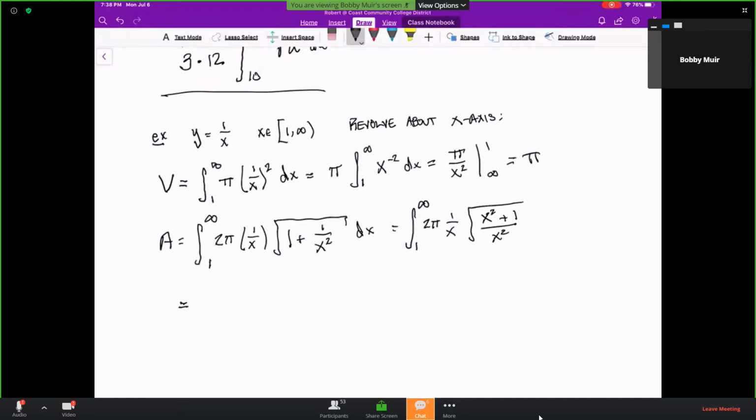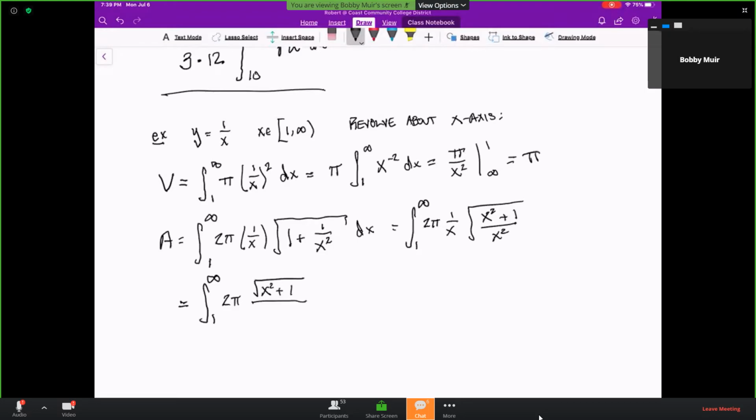So that's me common denominatoring it up. And then it's going to be from 1 to infinity, 2 pi, square root of x squared plus 1 divided by x squared dx.